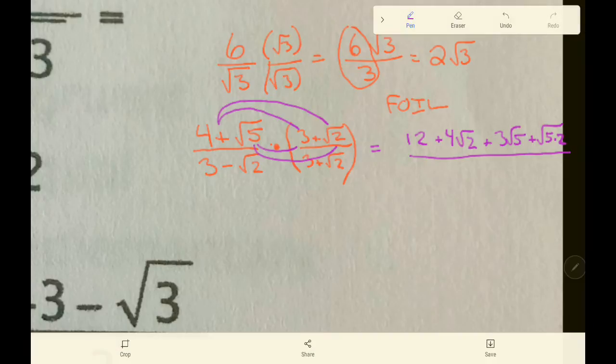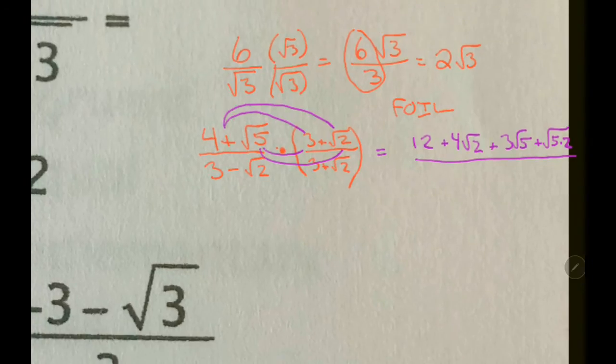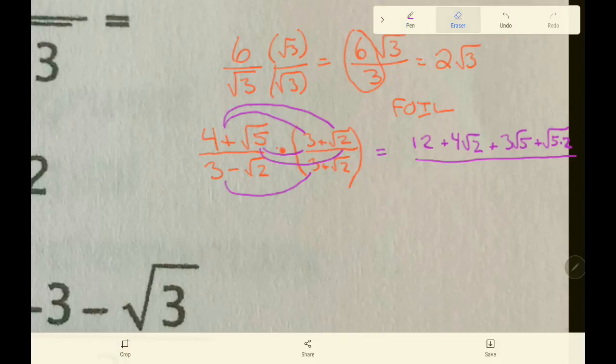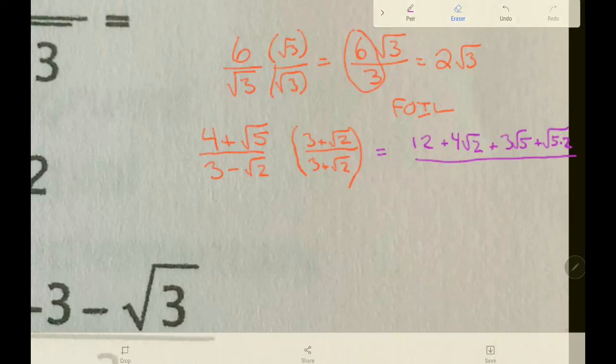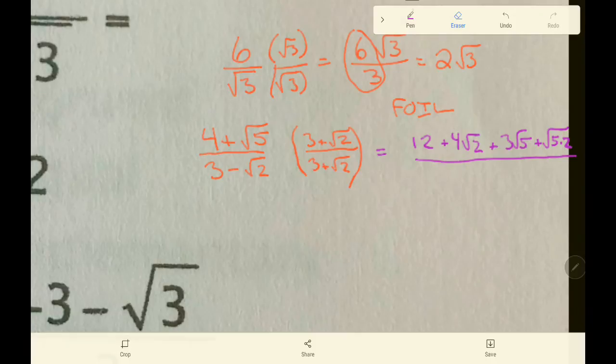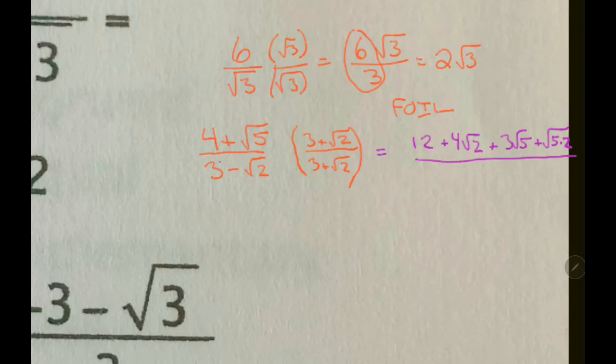So if you want to try the denominator, stop the video, and then we'll work on that. So here we go with the denominator. First, let me erase these purple marks here, because I like to do the first ones over top. 3 times 3 is 9.